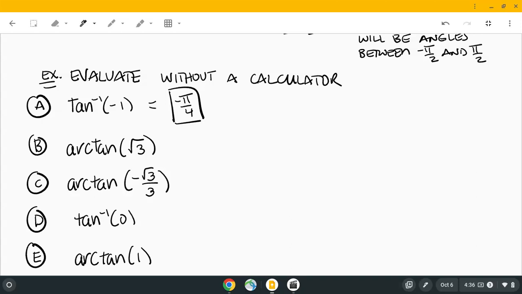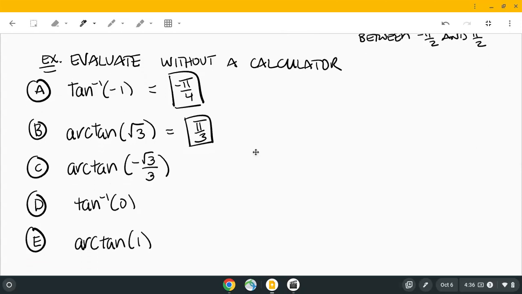All right, arctangent is square root 3. So that is going to be pi over 3. Again, you should have these memorized as well. So that's how I'm getting these answers. All right, arctan, negative square root 3 over 3. So that is going to be pi over 6, but from quadrant 4. So negative pi over 6.